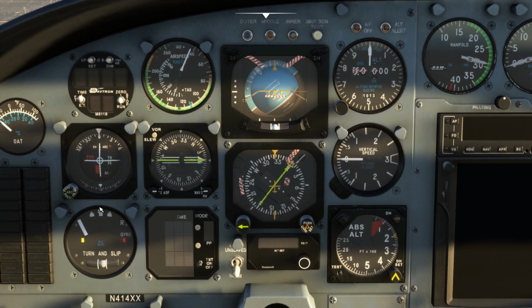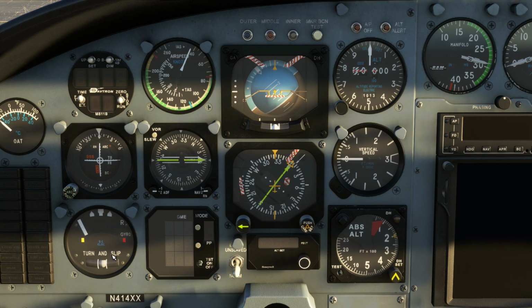Okay, this is basically a VOR indicator with some features. Yes, there are some features there that you can do. You can actually do an arc, a VOR arc, if you want.